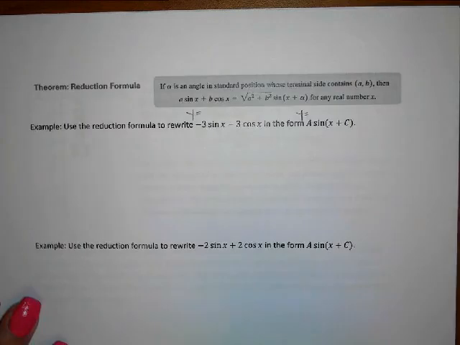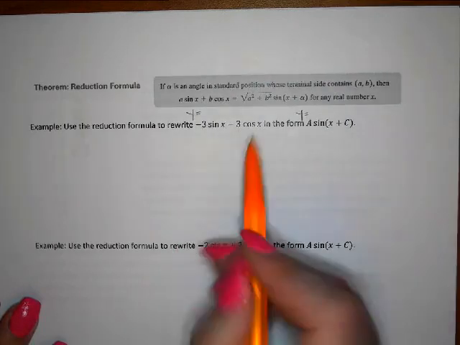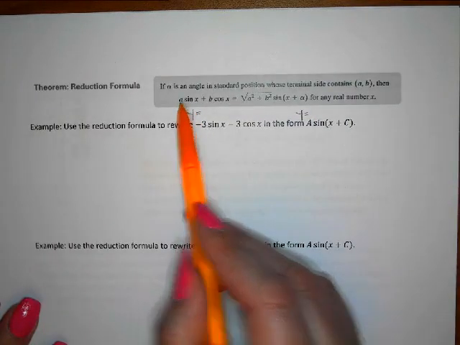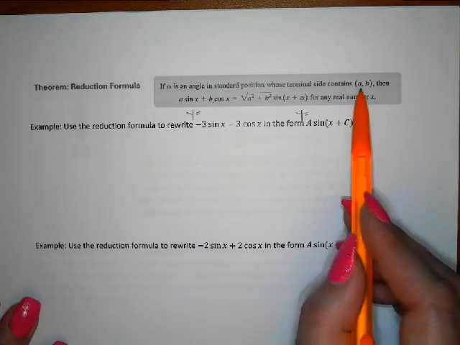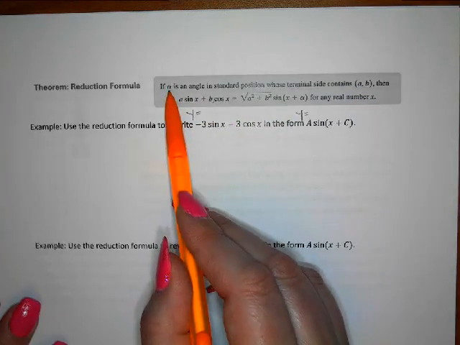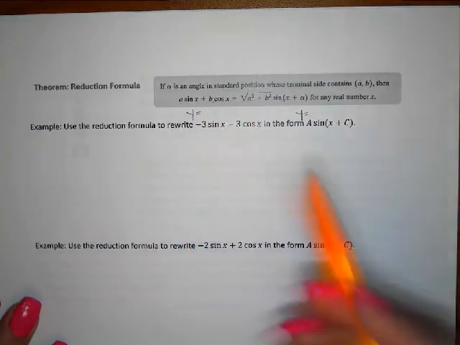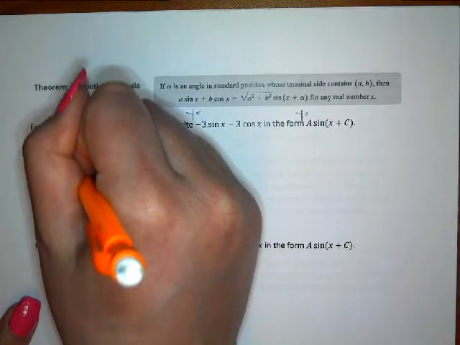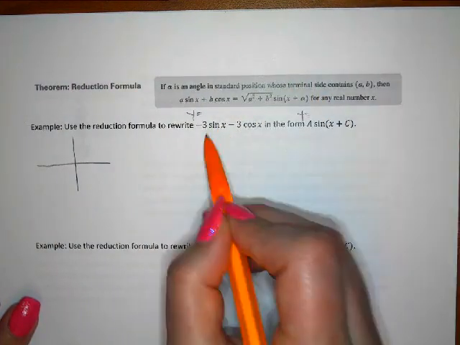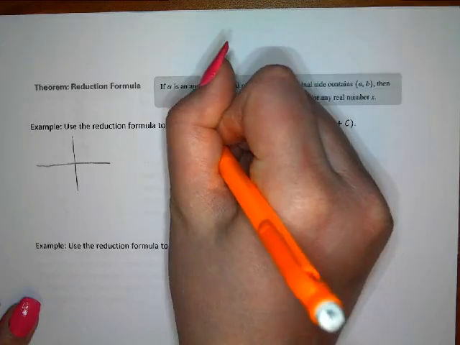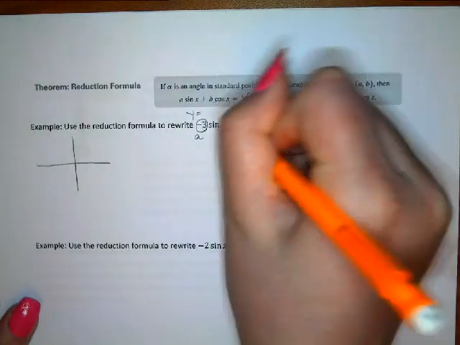Okay, so first I'm going to figure out what the a and the b values are, and I'm going to draw a picture because it says alpha is from that standard position. So this is referring back to all these different things that I've worked with over the past couple units. I know that my a value is negative 3, and b is also negative 3.